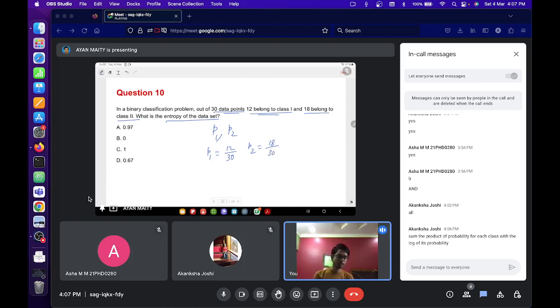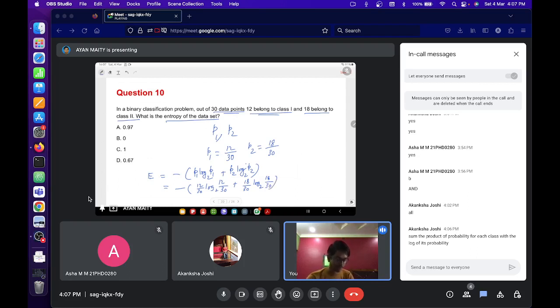So these are the two probability values, and now the entropy formula is given by minus of P1 log base 2 P1 plus P2 log base 2 P2. We have already computed P1 and P2, so you have to just plug these two values in: 12 by 30 log base 2 12 by 30 plus 18 by 30 log base 2 18 by 30.